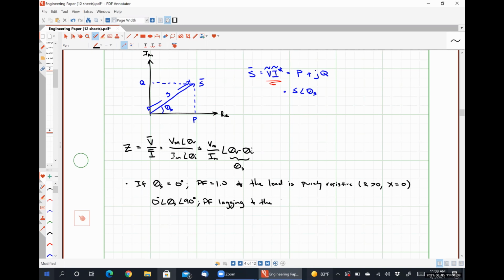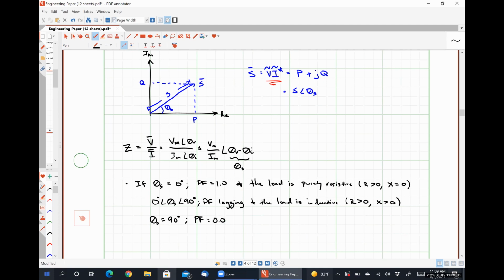And the load is considered to be inductive, where R would be greater than 0 and X would be greater than 0. If theta s is exactly equal to 90 degrees, our power factor is 0.